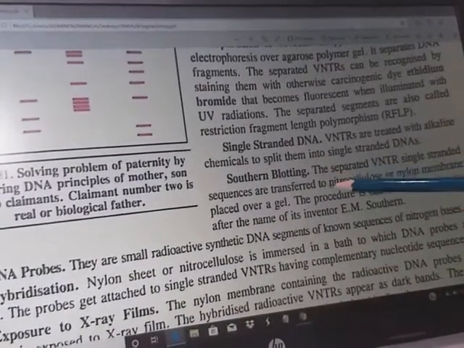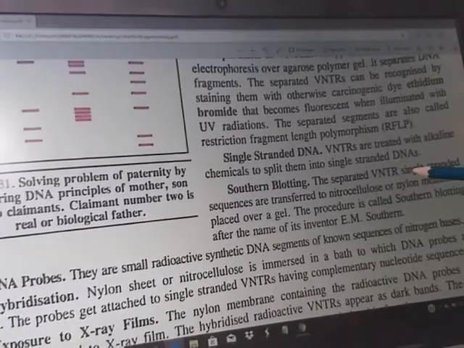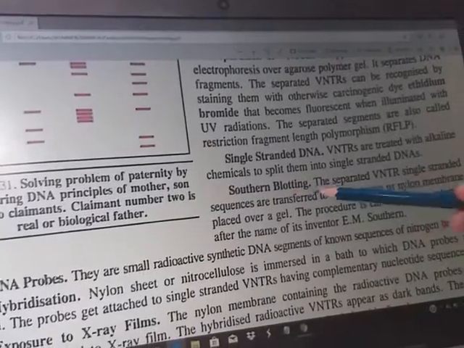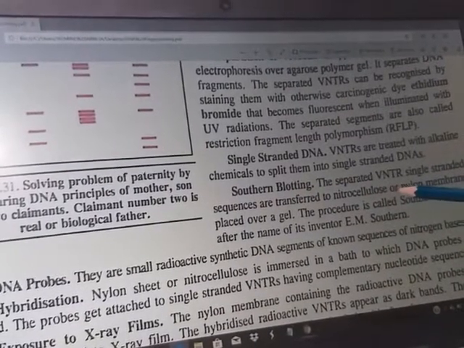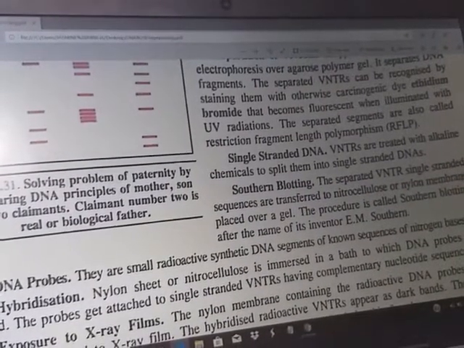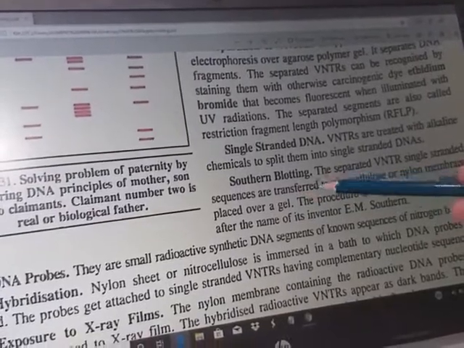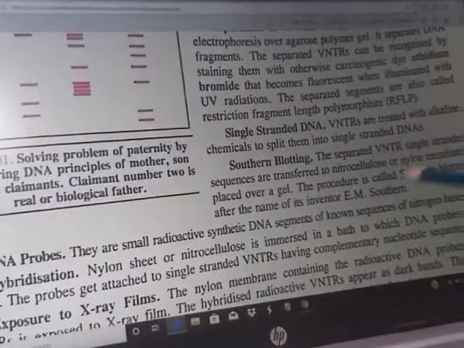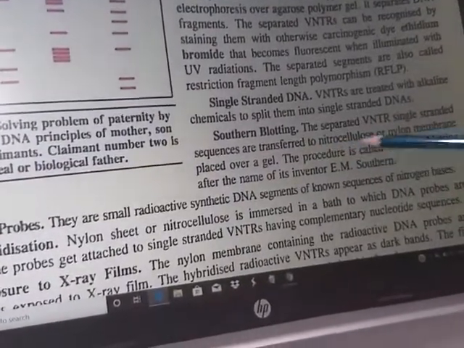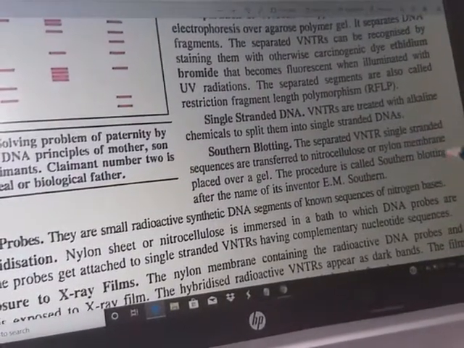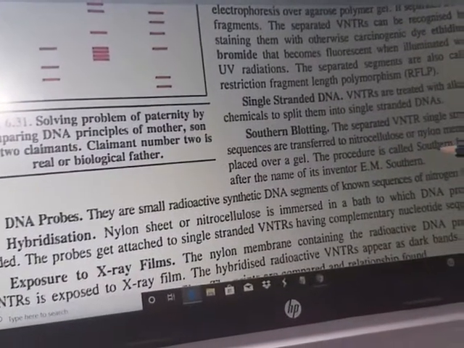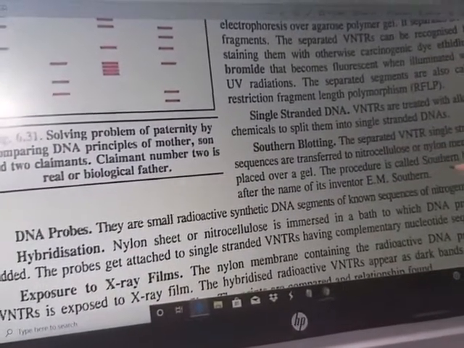In this technique, the separated VNTR single stranded sequences are transferred to a nitrocellulose or nylon membrane placed over the gel. Now those fragments are placed on the nitrocellulose sheet. This procedure is called Southern blotting after the name of its inventor, E. M. Southern. So this is how the technique is called.